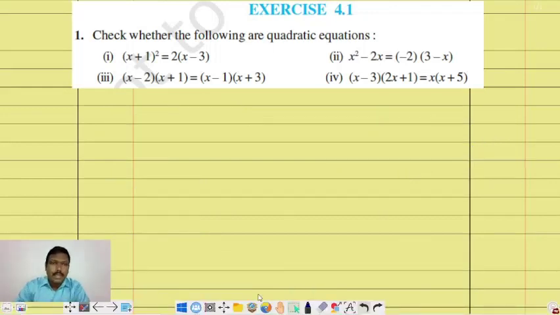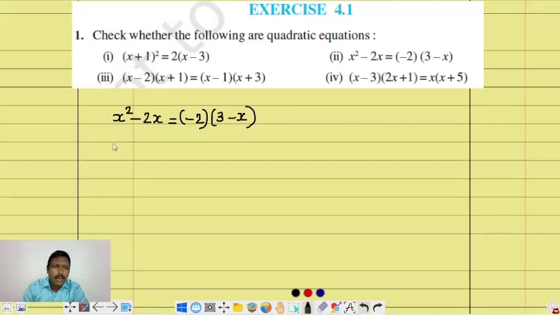Now, let us start question number 2. What is the second question? x squared minus 2x is equal to minus 2 into 3 minus x.